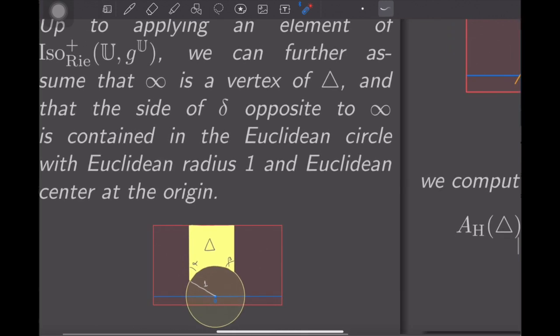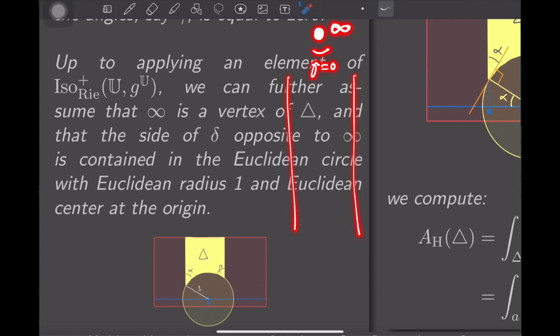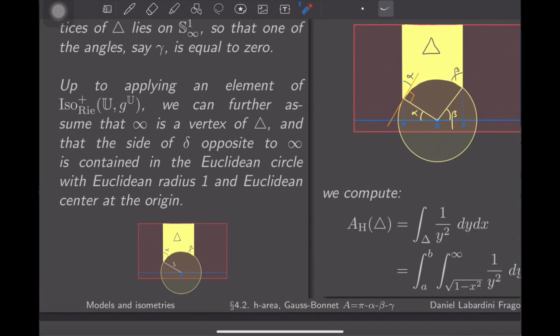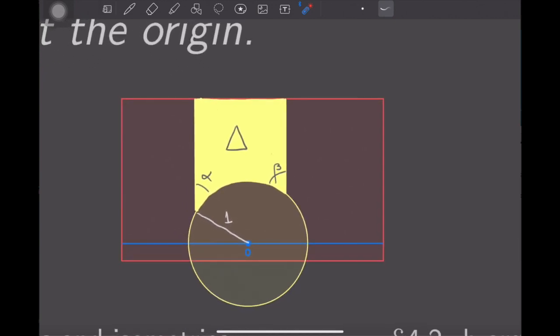The second thing is, once I have that the angle gamma is 0 and the corresponding vertex is infinity, I can translate horizontally and multiply by positive real numbers, so that the side opposite to gamma is a segment of the Euclidean unit circle centered at the origin.